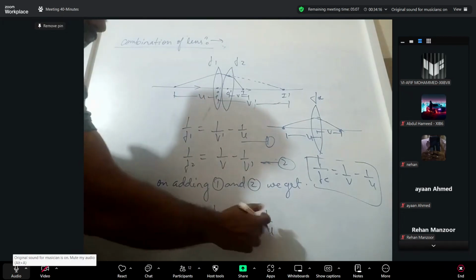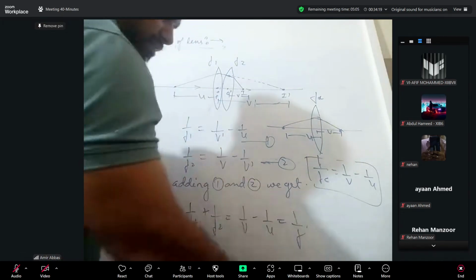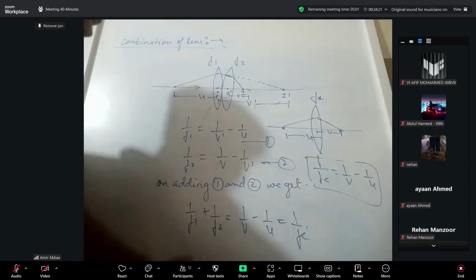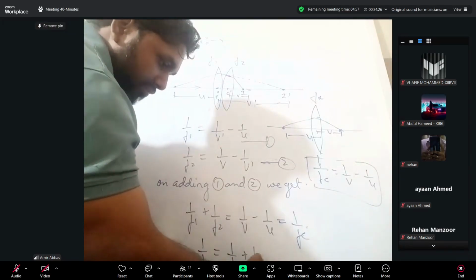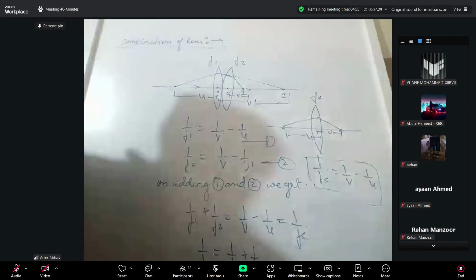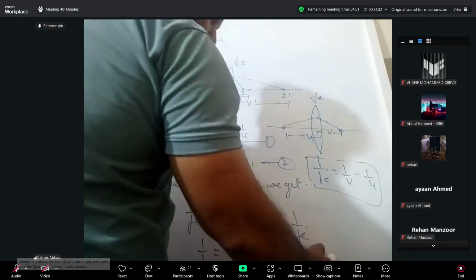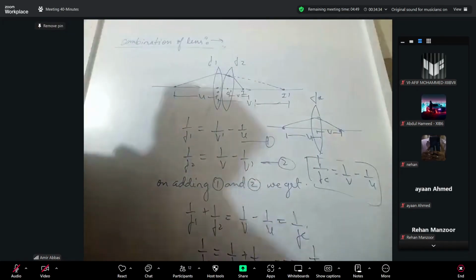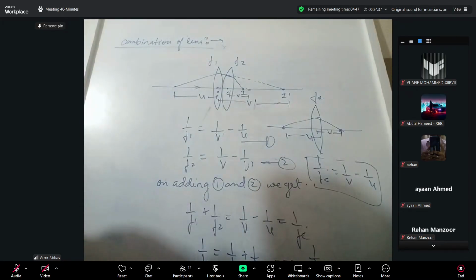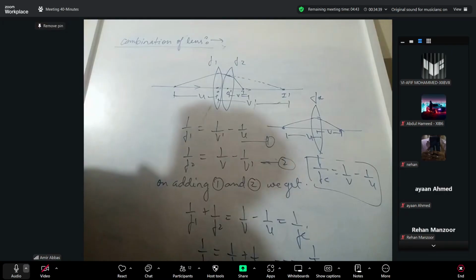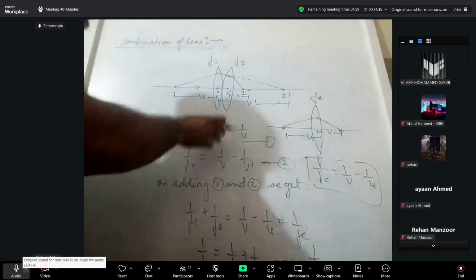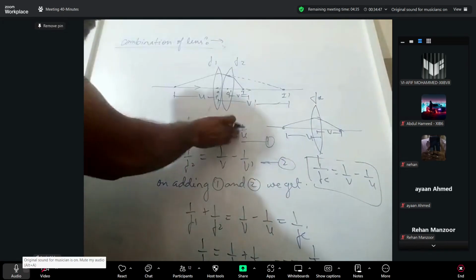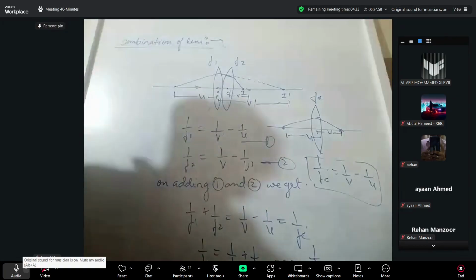So 1 by Fc, the combined focal length, equals 1 by f1 plus 1 by f2, and if many lenses are combined, we can write up to 1 by fn. Have you got this, beta? The combined focal length of these lenses is given by the addition of the reciprocals of the individual focal lengths. Have you got this?